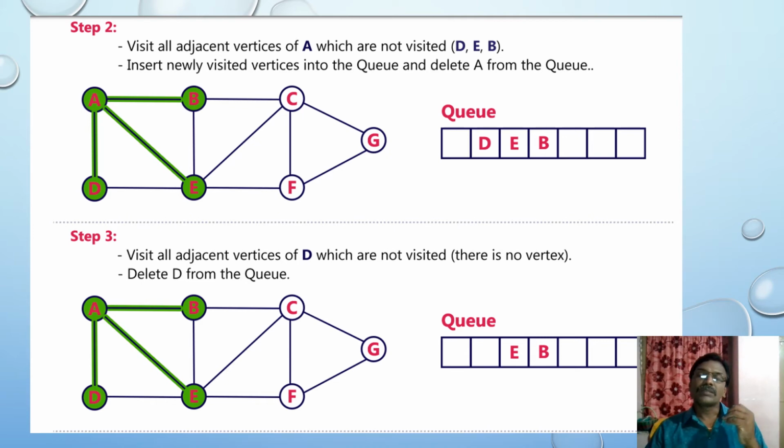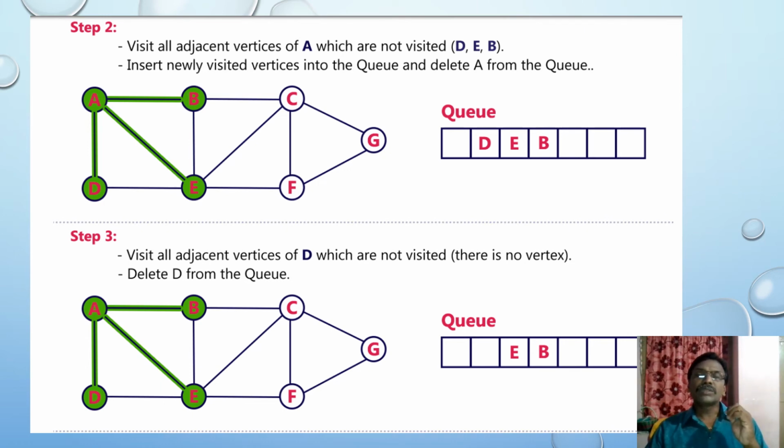Any order you can insert into the queue. Then after that, the visiting of A is over, so remove A from the queue.